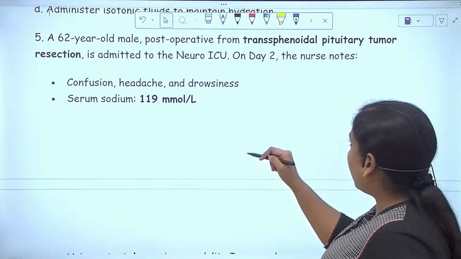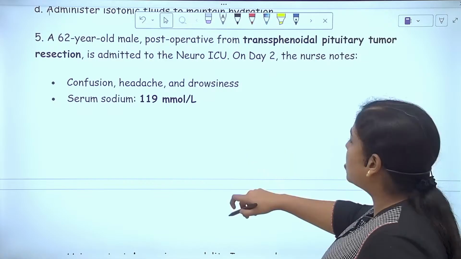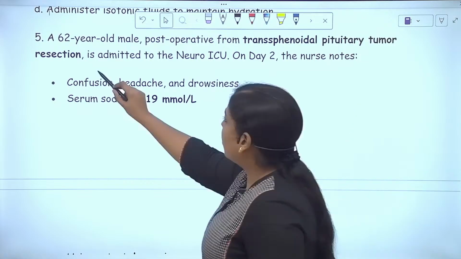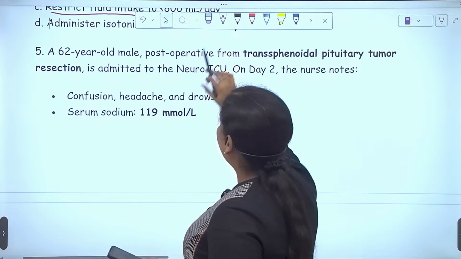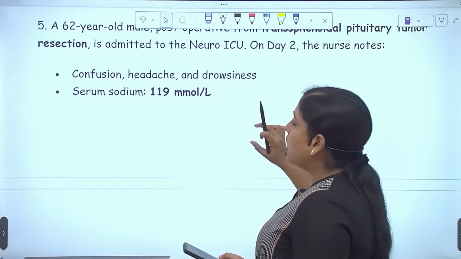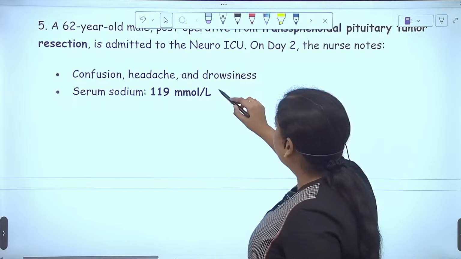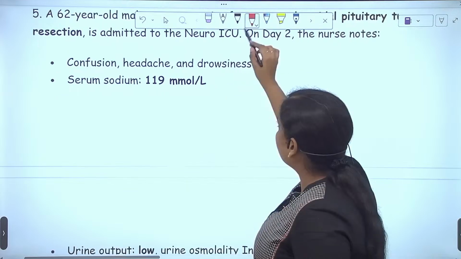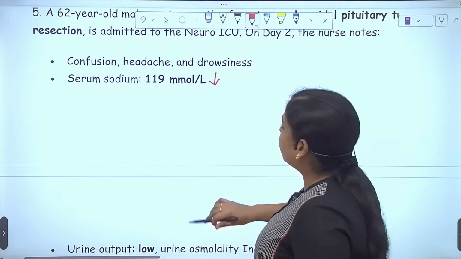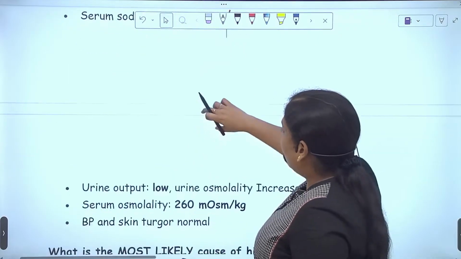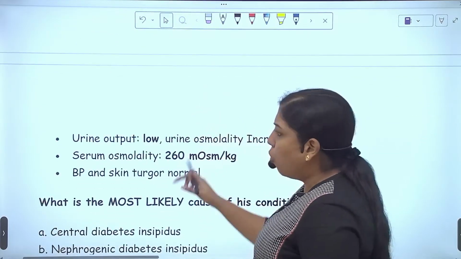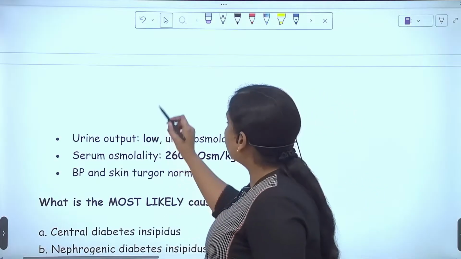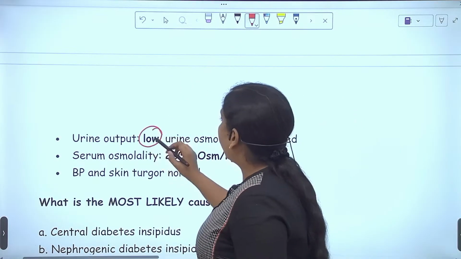On day 2, the nurse notes confusion. The patient is having confusion, headache and drowsiness, and serum sodium level is decreased. And urine output is low.